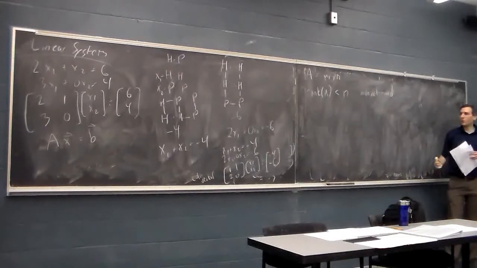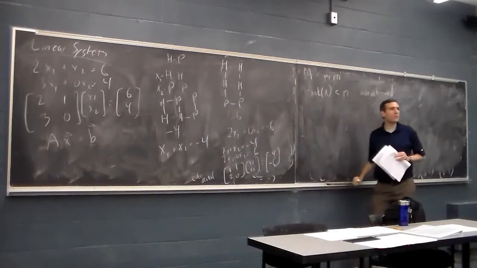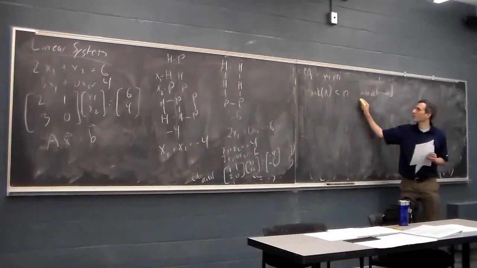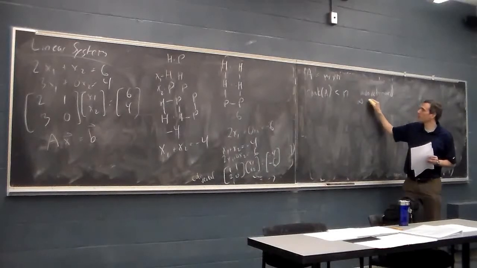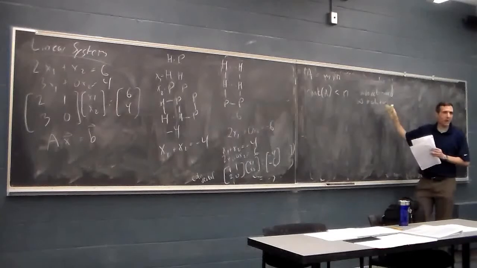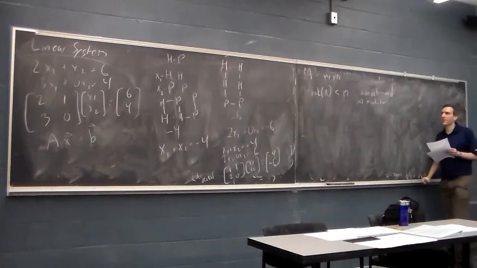That means you don't have enough equations to pin down the values of all of the variables, and when you have an underdetermined system, normally you're going to get an infinite number of solutions. It's possible to come up with cases where you actually have no solutions, but normally underdetermined means infinite solutions.